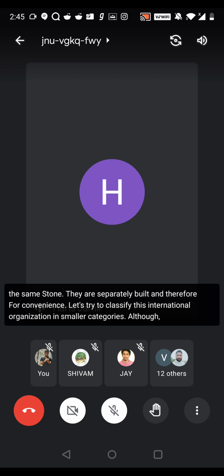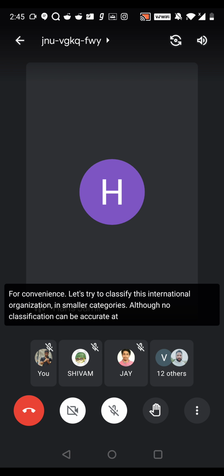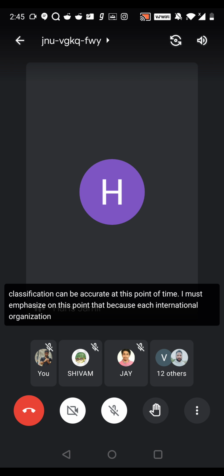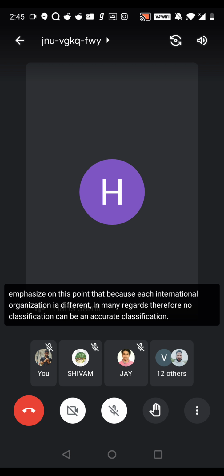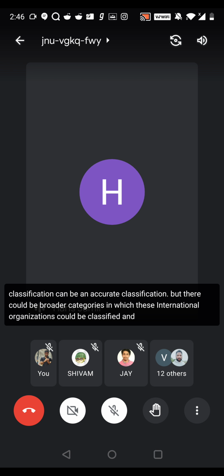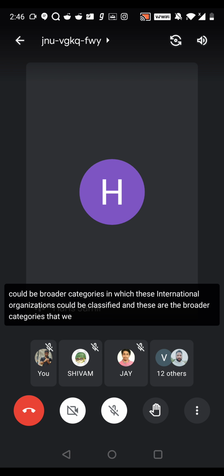Although no classification can be accurate. At this point, I must emphasize that because each international organization is different in many regards, no classification can be an accurate classification. But there could be broader categories in which these international organizations could be classified, and these are the broader categories that we are going to talk about.